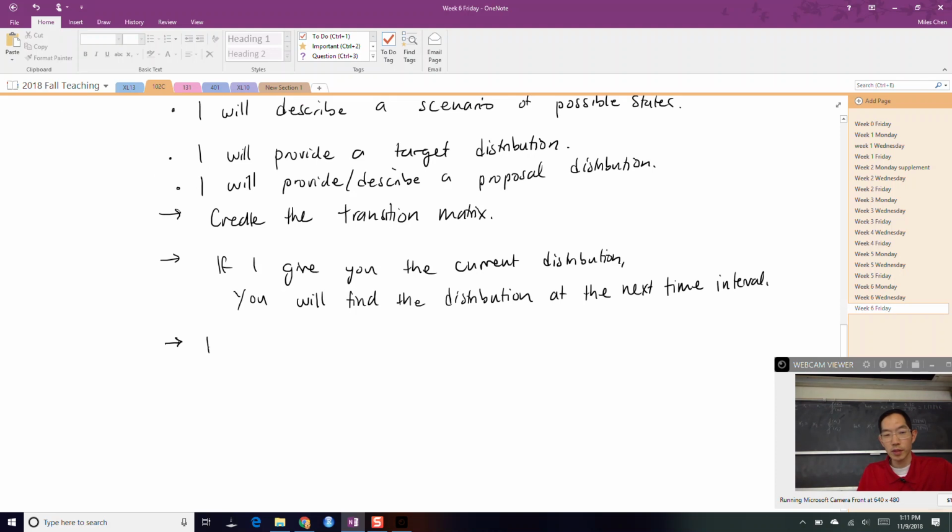And find the stationary distribution. Okay, and then maybe show that the stationary distribution indeed is stationary.